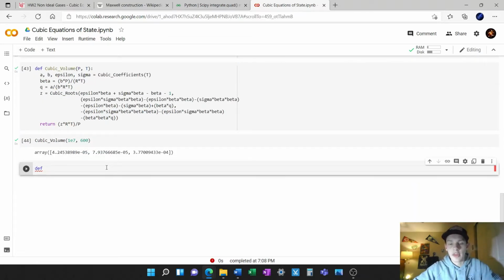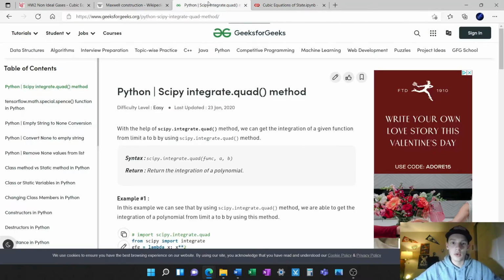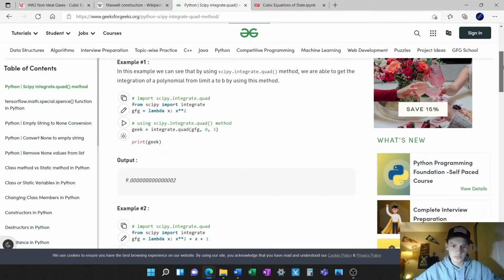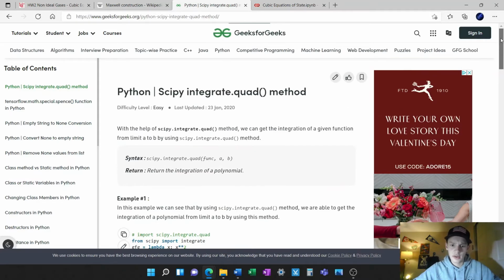For this function that we're going to write, we need two different things. We're going to need some sort of integrand, and then we need our bounds for integration. We're actually going to use something really cool from SciPy to integrate and find areas. We can just supply our function, which is the integrand that we need, and then put in our bounds, and it will return the integration of a polynomial.